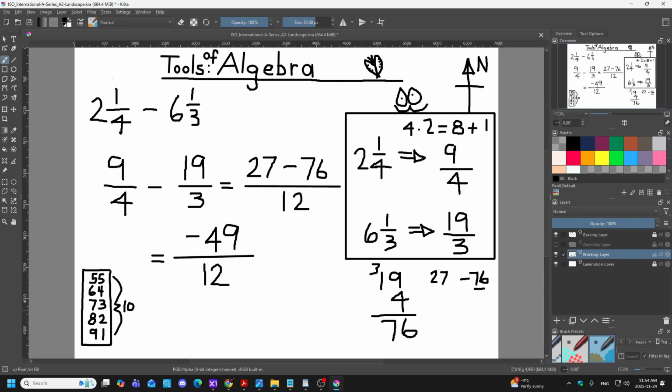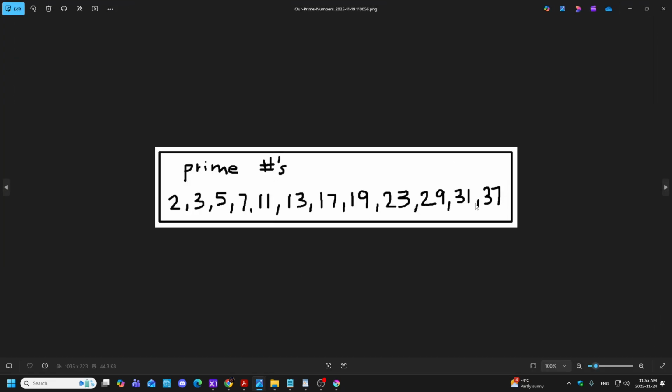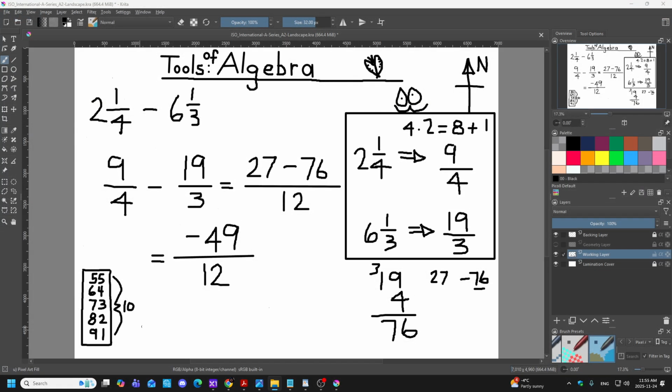My prime number list isn't that big. 49 is not on there. 12 is obviously not a prime because we know it can be reduced and broken into 6 times 2 and 4 times 3. Those are the two options we have. And 49 is the result of 7 times 7.